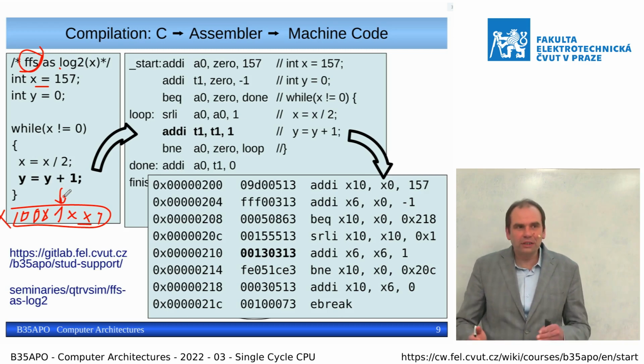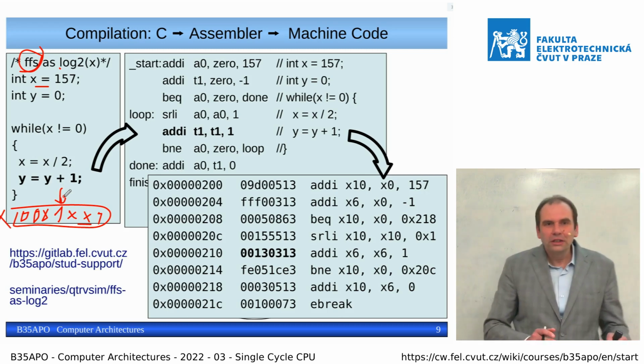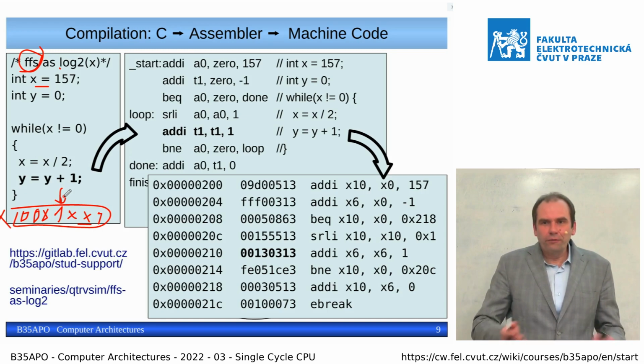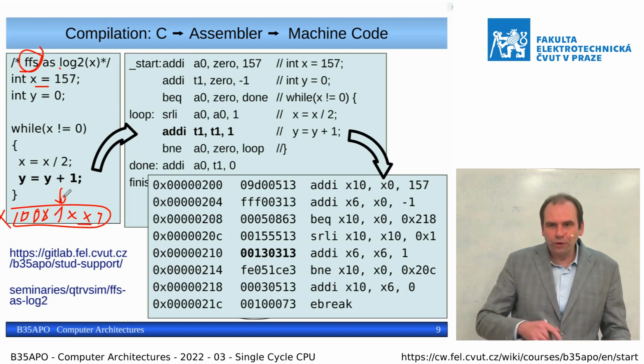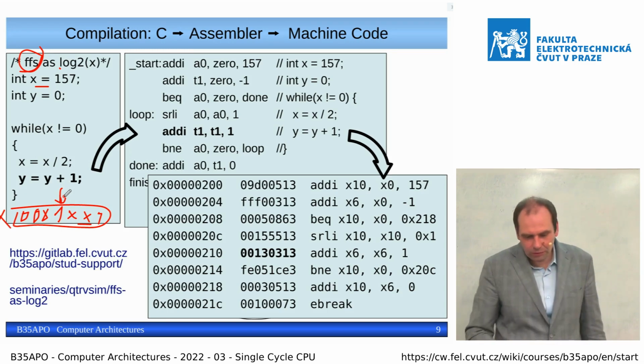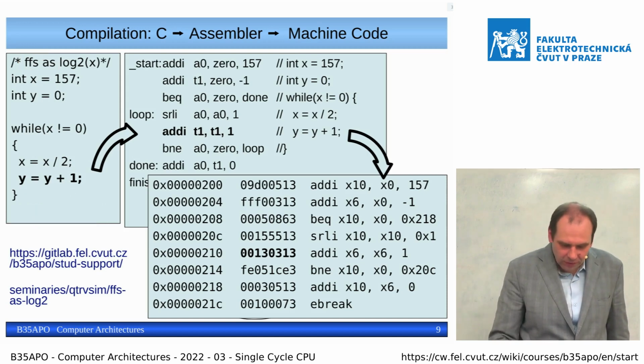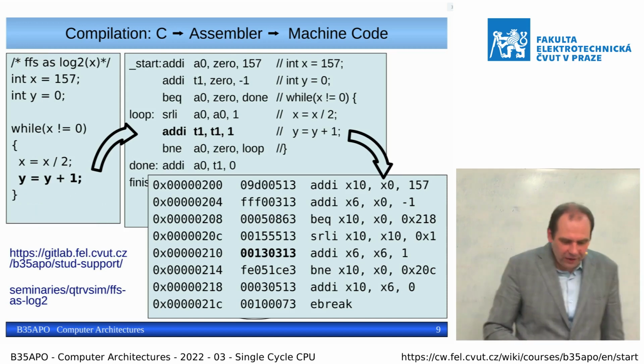It is, for example, useful for conversion of an integer value to floating point, to shift it to the left and right and so on. So basically, we need to find this. And how can we achieve this?